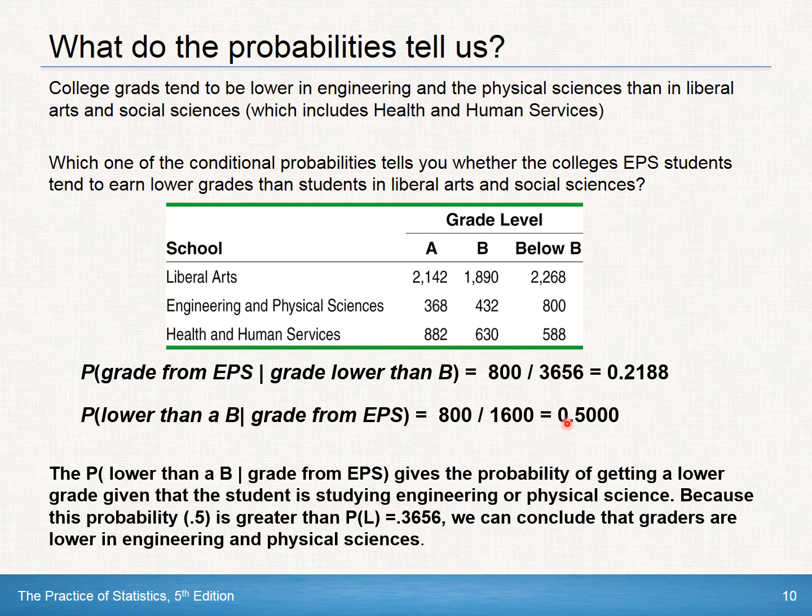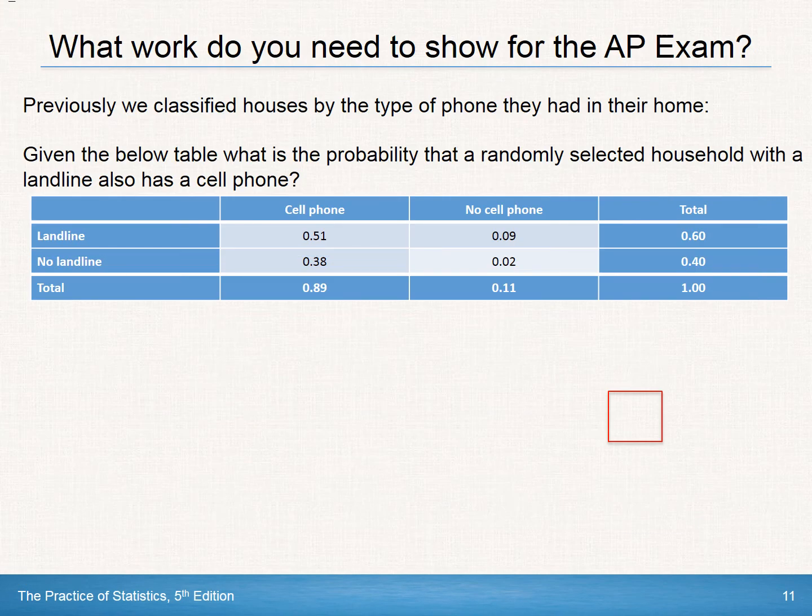Because this probability, 0.5, is greater than the probability for liberal arts, which is 0.3656, we can conclude that the grades are lower in engineering and physical sciences than in liberal arts. So basically this is telling us that almost 50% of the grades that are lower than a B are from engineering and physical sciences.